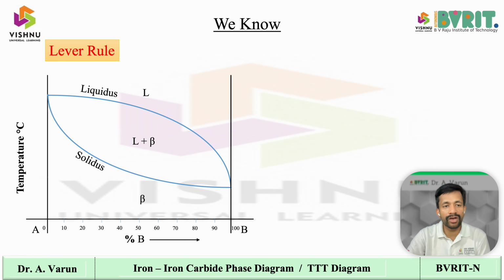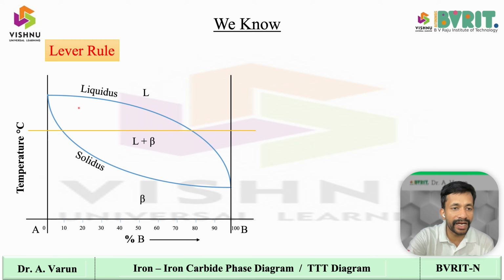Okay, quickly recall, what is the lever rule? In the lever rule, if you look at a given two-phase region, let us say this is a two-phase region, what is the amount of liquid and this solid beta to be identified? In such a case, the lever rule says to draw a horizontal line for a given temperature, which is called the tie line.